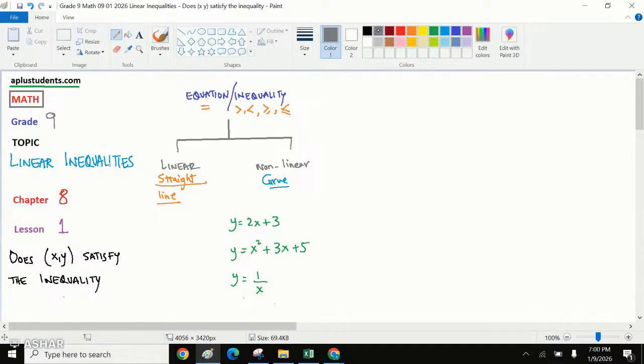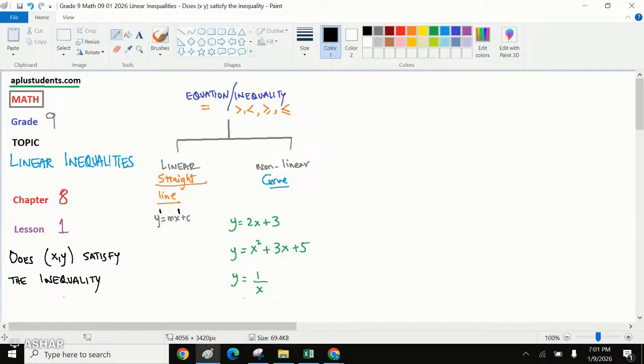The linear equation we have is y equals mx plus c. This is the equation of a straight line. Whenever it's linear, the exponent of y and x has to be 1. If it's any other value other than 1, then it becomes non-linear.